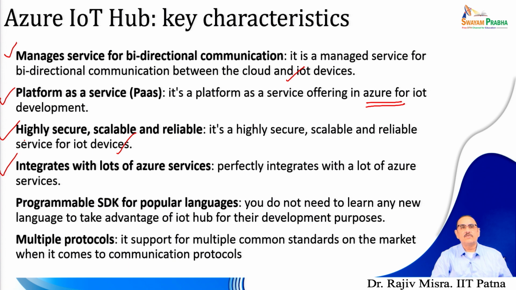Fourth one is that it integrates with lots of Azure services, that is Azure cloud services. Next one is that it has programmable software development kits, that is SDKs, for popular languages. And finally, the key characteristic is that it supports multiple common standard protocols when it comes to communication protocols.